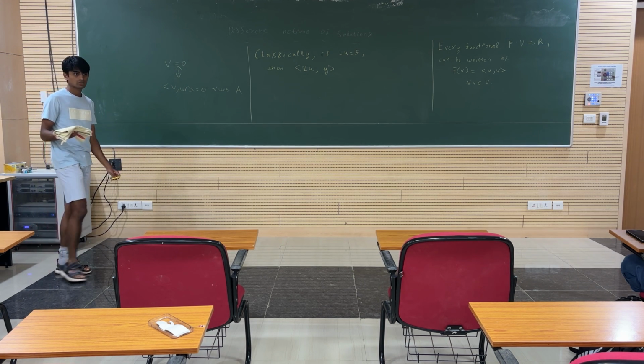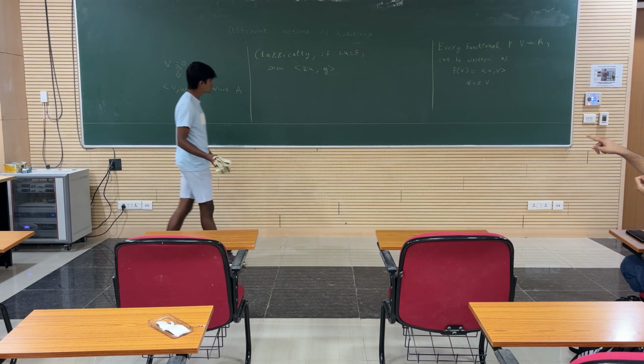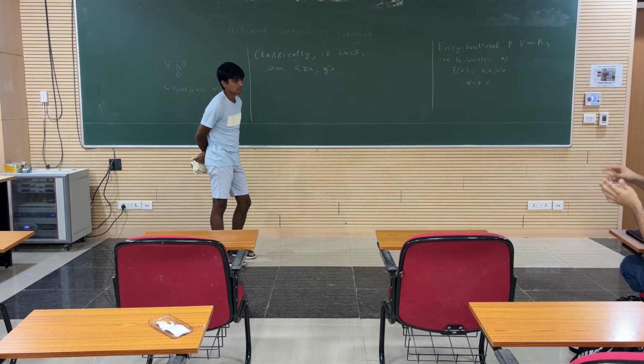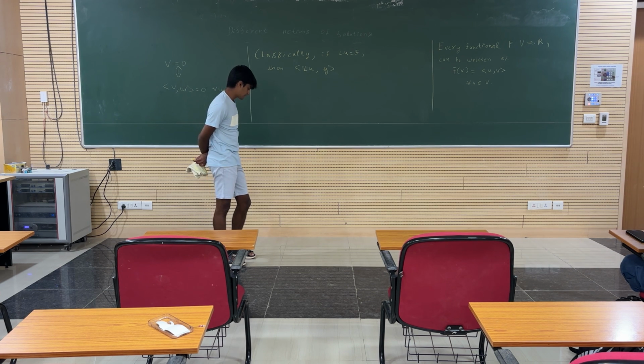Any other questions? So that inner product of Lu and G, after we converted it using that change of variables, we are calling a weak solution, so it is a good enough solution in some sense, but it may not be equal to the classical solution.